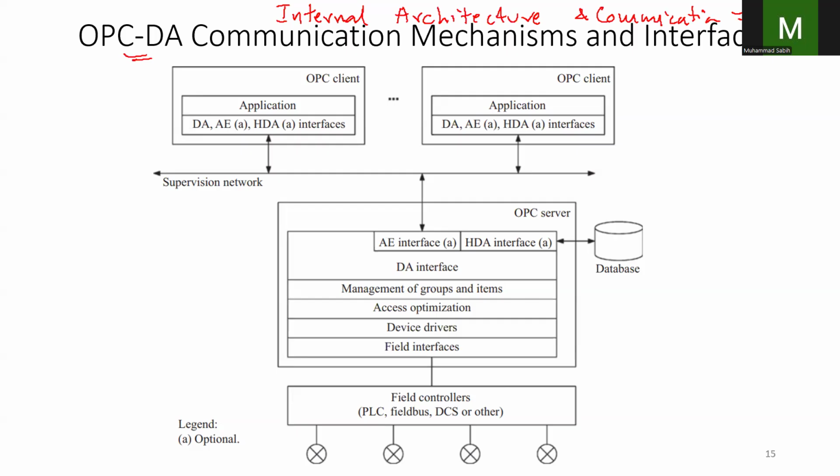At the bottom we have the field controllers, such as PLCs, field bus devices, or DCS, along with sensors, actuators, and the real plant. These are actual hardware components producing and receiving the data.